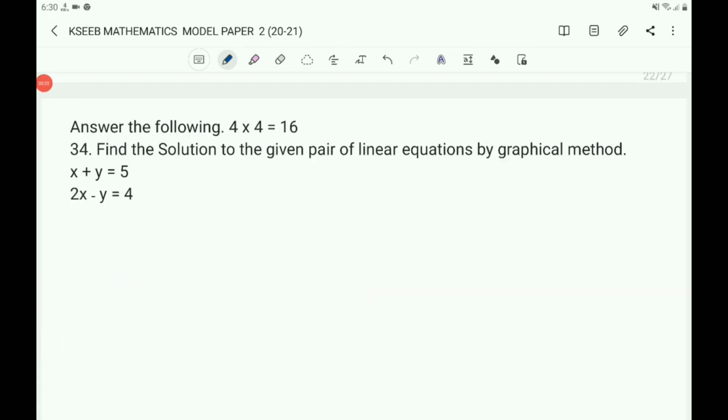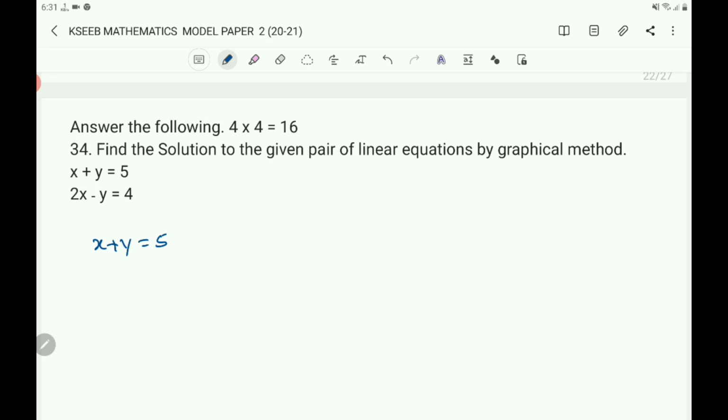Now let us discuss the actual method. If you are able to find the coordinates by taking some values for x and the corresponding values of y, that is the true method, and you will get the exact values. But by the crude method, sometimes there is a chance of getting the wrong answer.